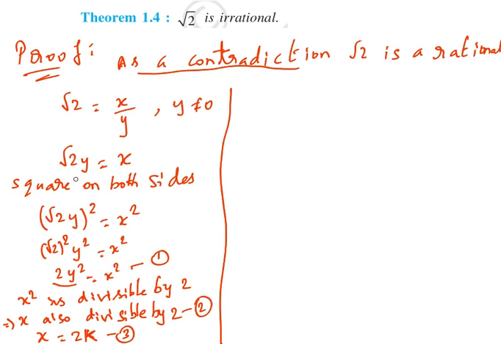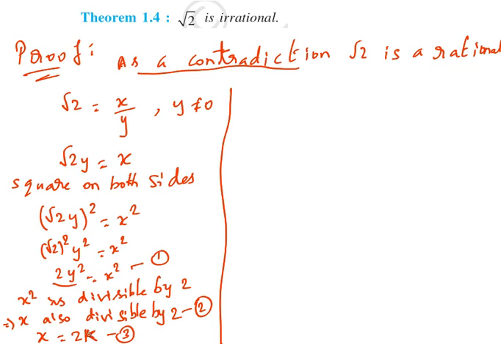If we bring y this side, root 2 y equal to x, and squaring on both sides, root 2 y the whole square equal to x square, which gives 2 y square equal to x square. That means x square is a product of 2 and y square, so definitely x square is divisible by 2. If x square is divisible by 2, definitely x is also divisible by 2, so x equal to 2k is possible.